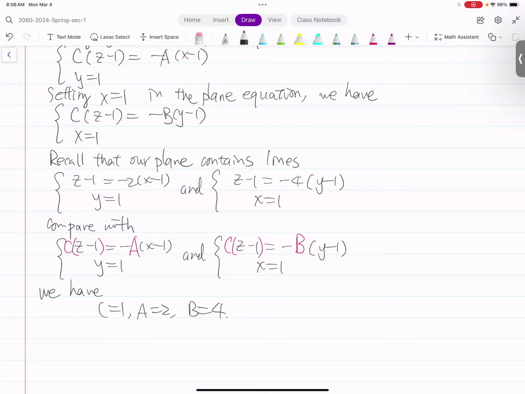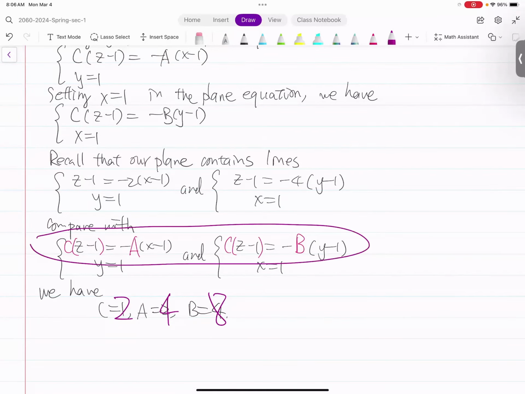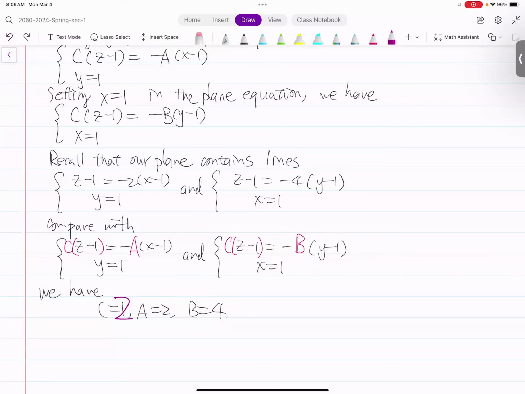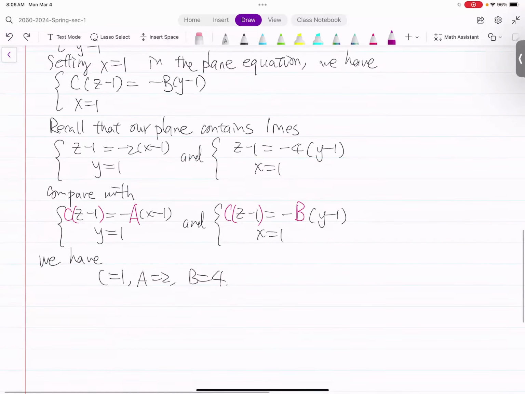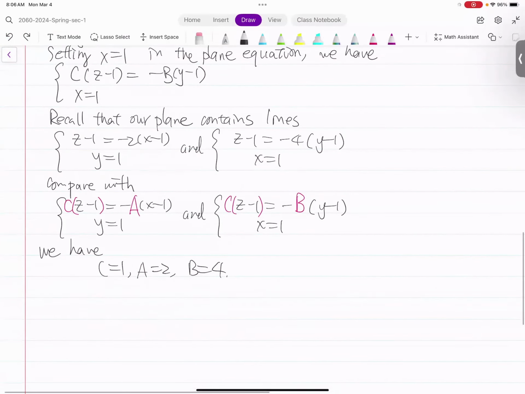And of course, if you give a scalar multiplication of these three values, that's also fine, because if you have like 2, 4, 8, then on this equation right here, you can just divide both the left hand side and right hand side by 2, and that's going to give you the same thing, right? So you see, the choice is not really unique, but if you fix c to be 1, then a and b are determined. So now we know a, b, c values, then we know the plane.